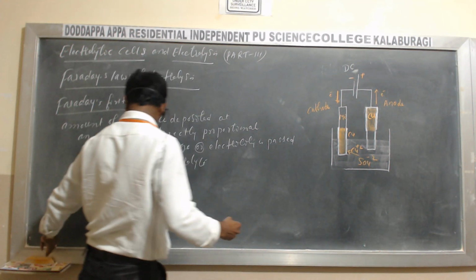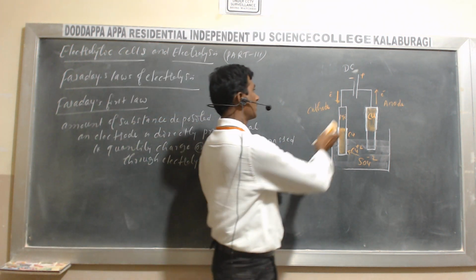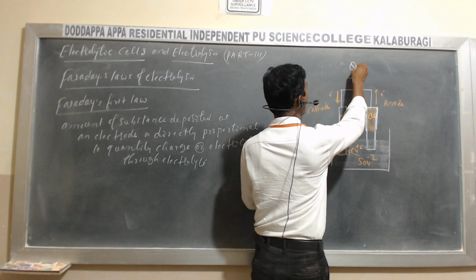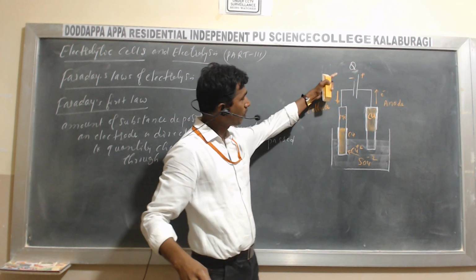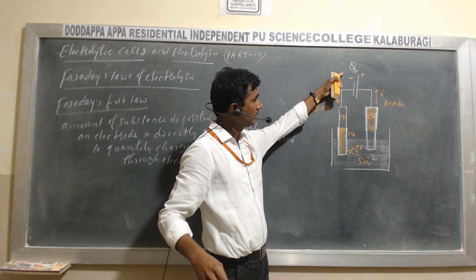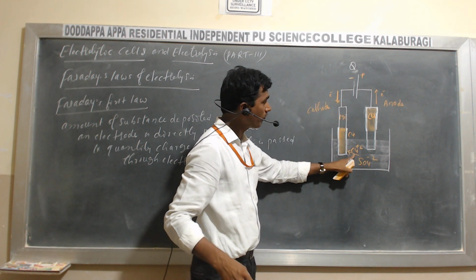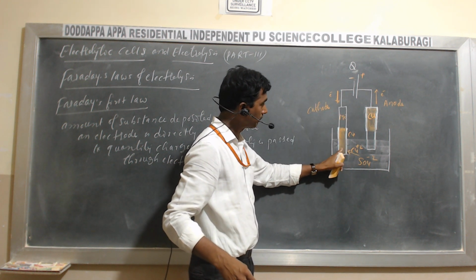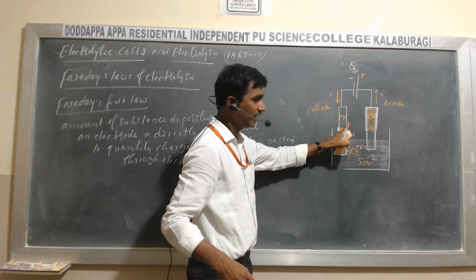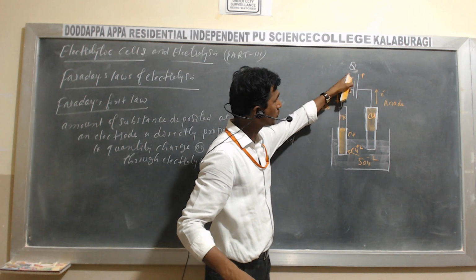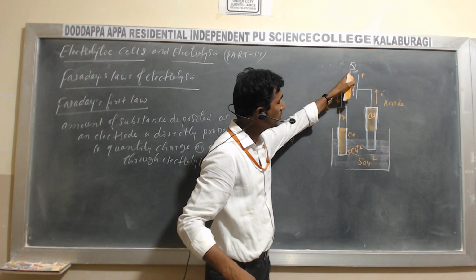I can explain this Faraday's first law with the help of this diagram. The quantity of charge is applied between these two electrodes. The amount of copper deposited at a particular electrode also increases. So the amount of copper deposited is directly proportional to the quantity of charge Q supplied.